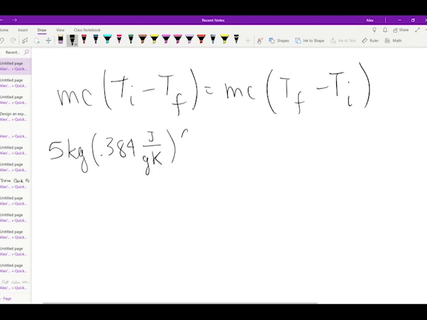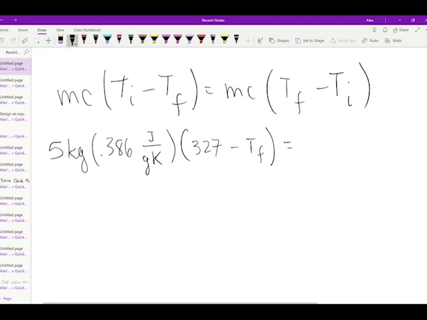And it was coming from 327, going to some final temperature.